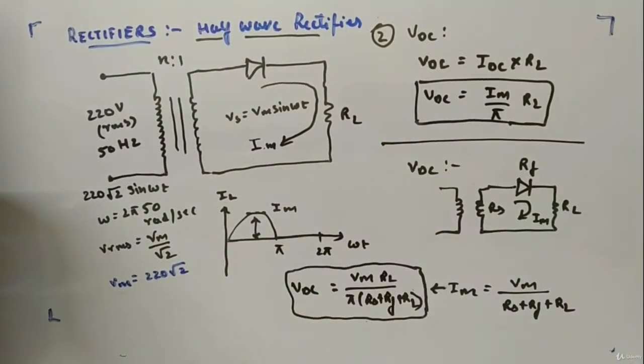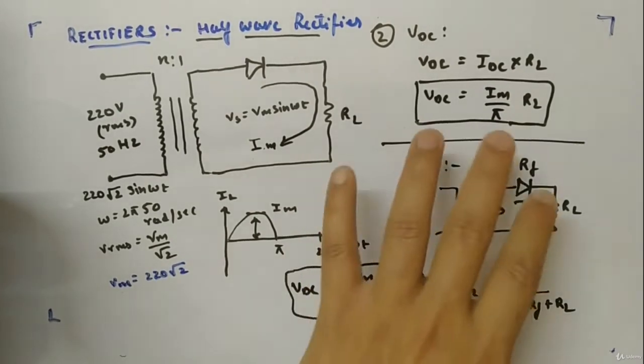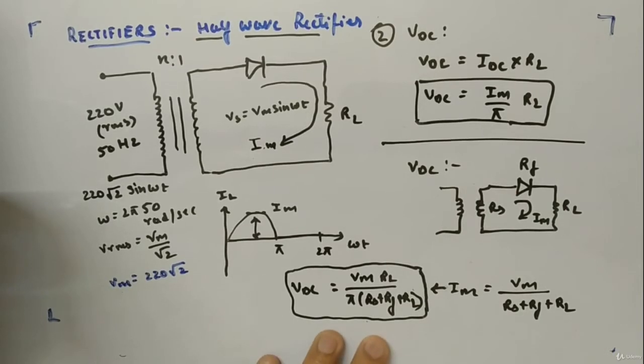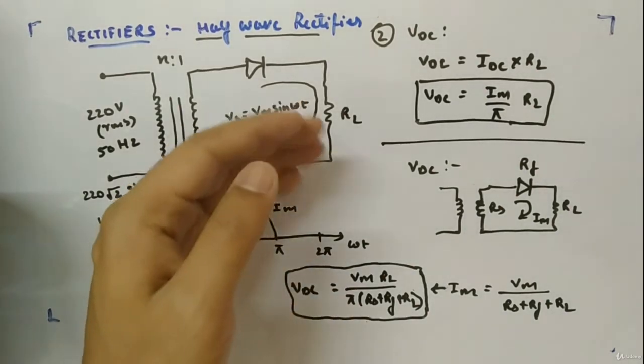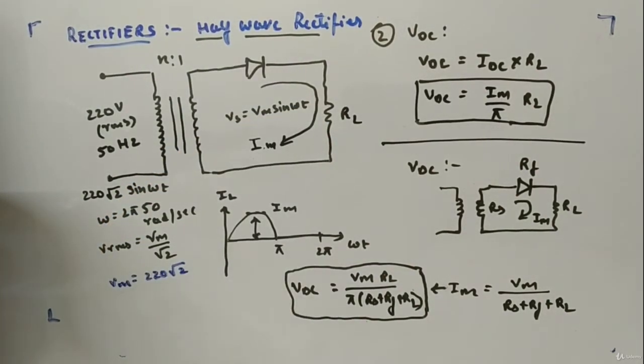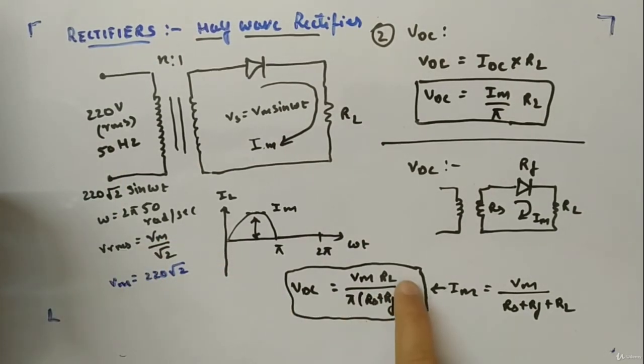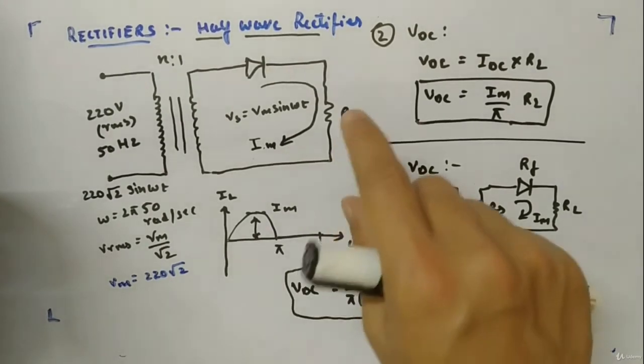So it's better to remember this expression, because anyway we have to find Im, and this is the way we find Im, and then we plug. So you will get VDC is equal to Vm RL divided by pi into Rs plus Rf plus RL. So it is not dependent upon the value of the current which we calculated here. It is only dependent upon the maximum value of input signal, Rs, RL, Rf, and that's all, the output DC voltage.